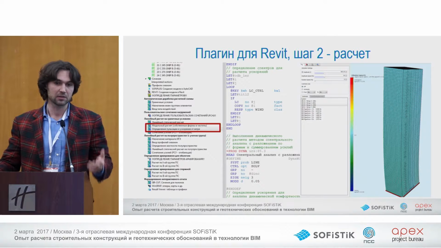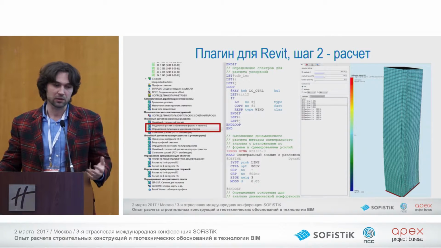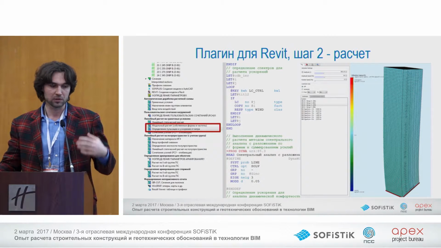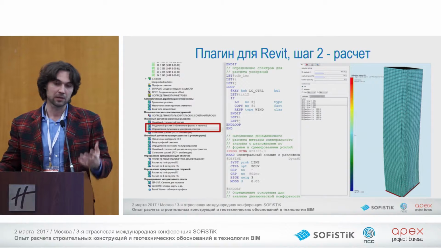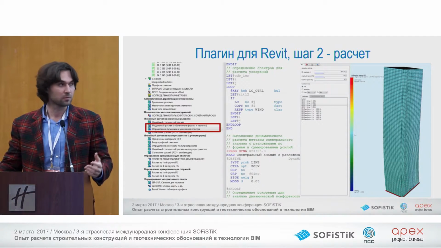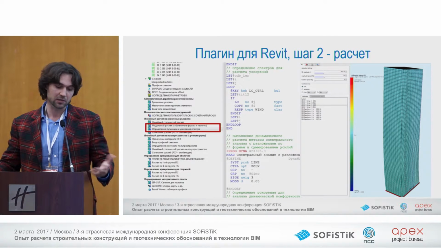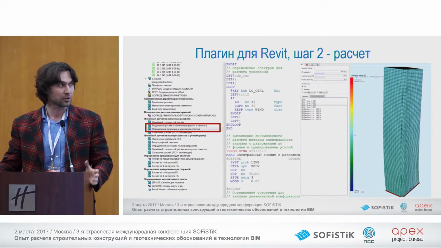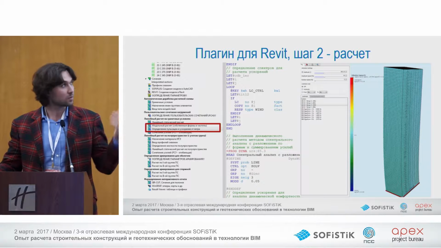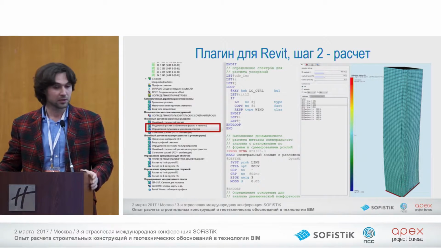Sophistic has such instruments as static and so on, and that's why Sophistic turned into a kind of programming language, and it's very easy to write plugins, standardize, and create algorithms. What we create in Revit, we can seamlessly transfer to analysis without user participation.